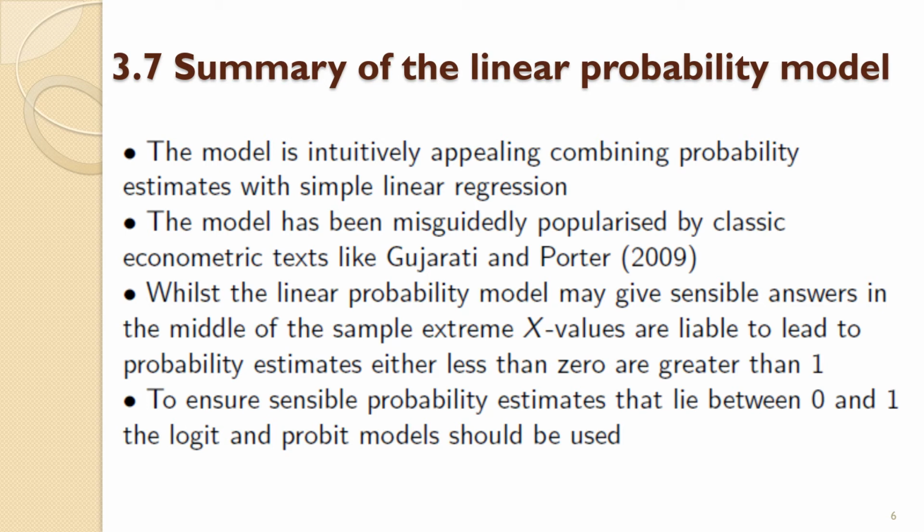Whilst that's quite a simple observation, it's not necessarily simple in terms of the underlying mathematics, and we need harder regression models here, the logit and the probit model, to ensure that any probability estimates that you get sensibly lie between 0 and 1. So this is perhaps more involved than you might imagine.